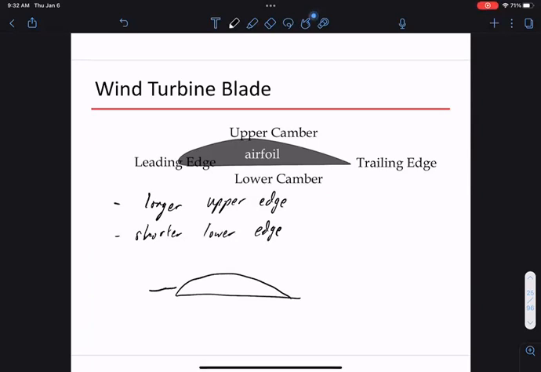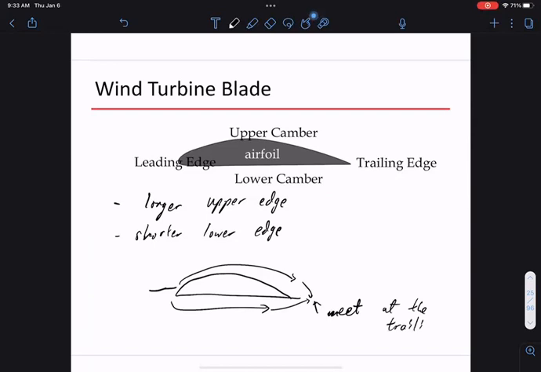Air comes into this point, breaks up into two paths, and they meet at the trailing edge. So air comes in.